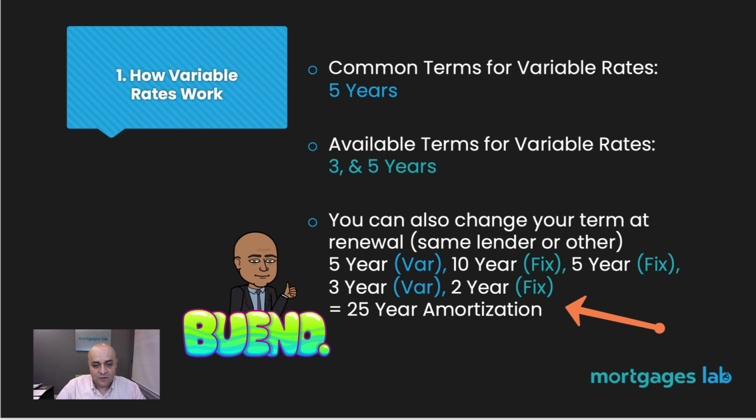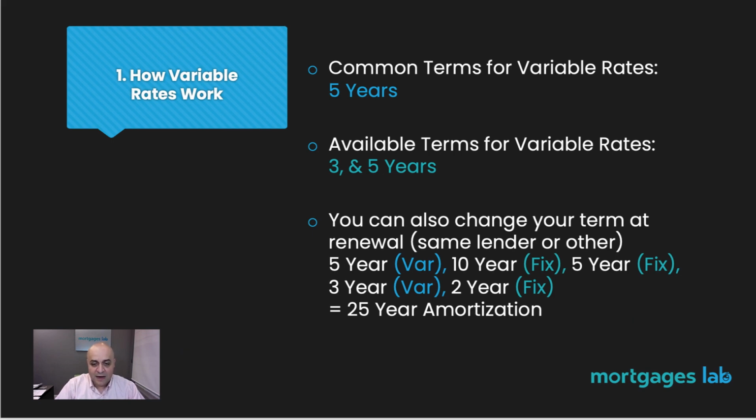Then you can choose a 10-year fixed rate, and then at the next renewal, you can go back to a 5-year fixed rate, and then in the last 5 years of your mortgage, you can go to a 3-year variable rate and a 2-year fixed rate. So this is very flexible, okay? You can go back and forth within your renewal dates, okay?